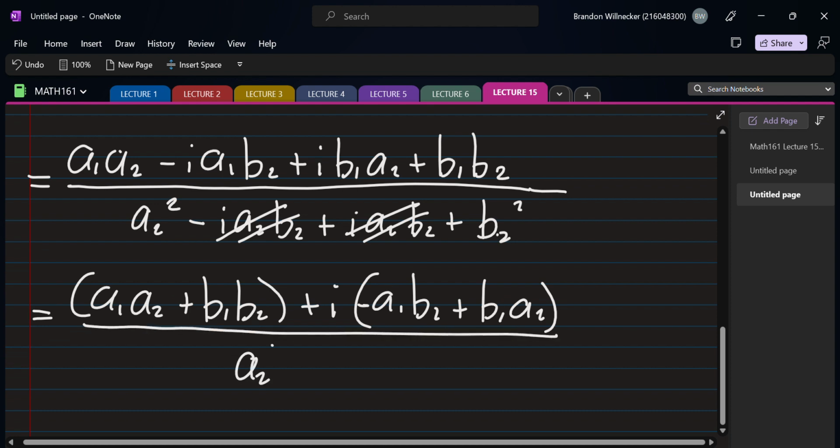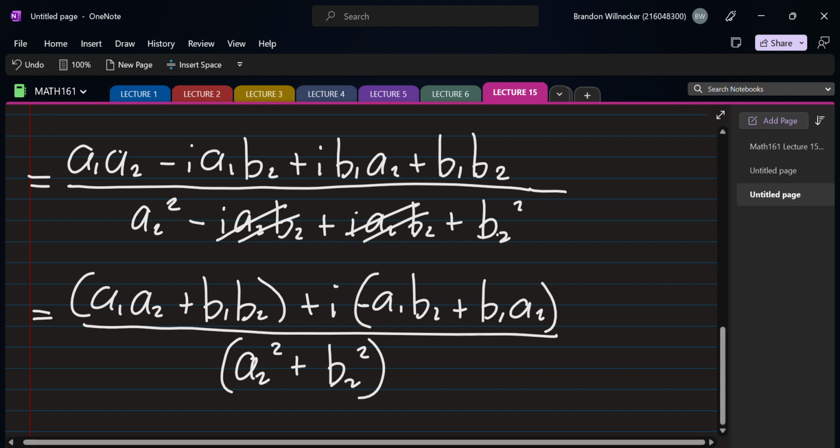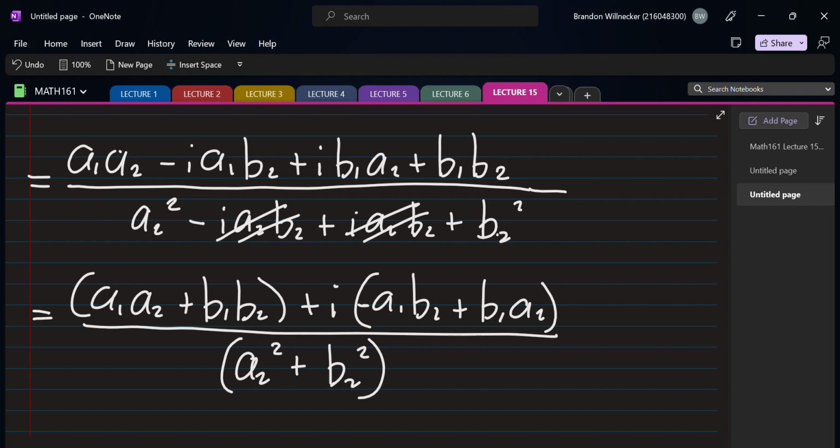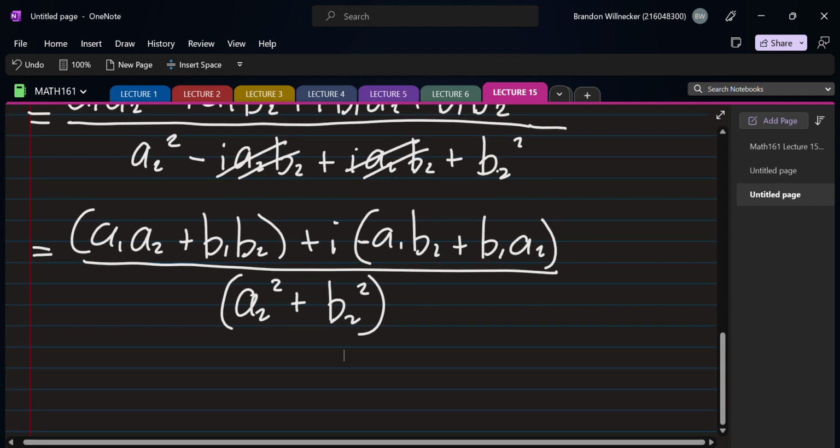All of this is divided by our new denominator, a2 squared plus b2 squared. Now we've got a single denominator because we can put brackets around that and say that's our real part, plus no imaginary part. So we can take the real part of the numerator divided by that term. We can take the imaginary part of the numerator and divide it by that term.